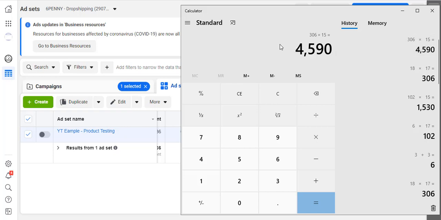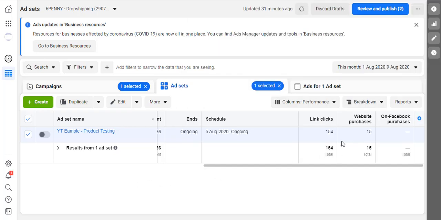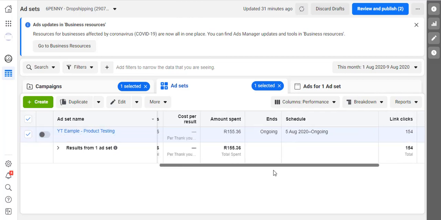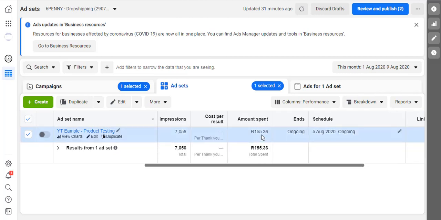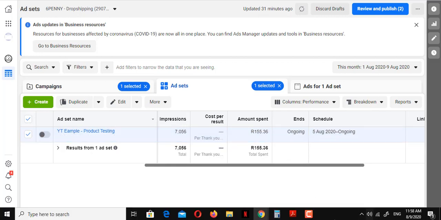That's the sales revenue that I've actually made on this product. So this is the sales, right? It's not the profit. So let's now minus the advertising costs. Advertising costs once again is 155 rands 36 cents.